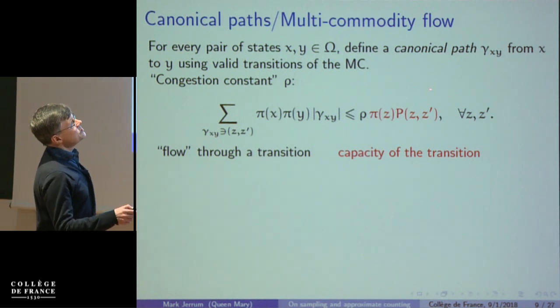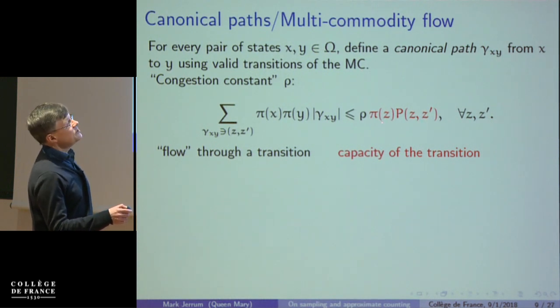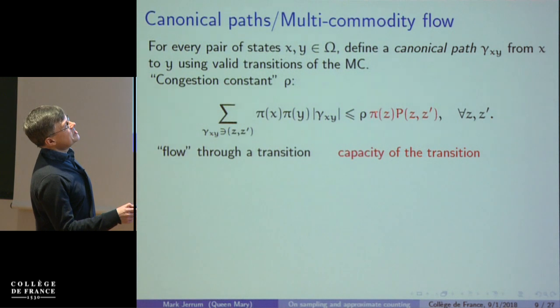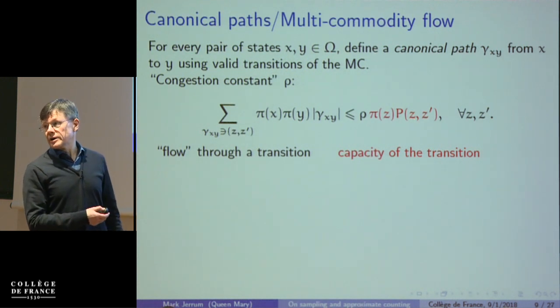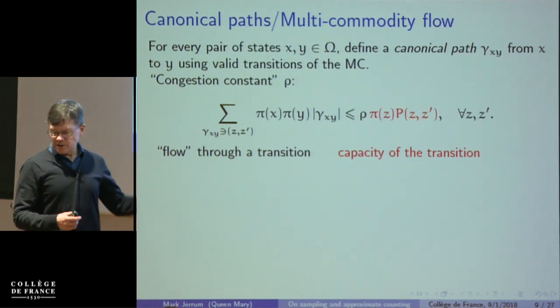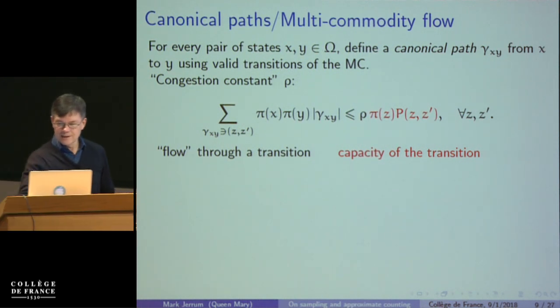This is the transition probability, the probability of going from Z to Z prime, given that you're at Z, and this is the probability of being at Z. So actually, this is the probability of being at Z, and then at the next step, making the transition to Z prime.